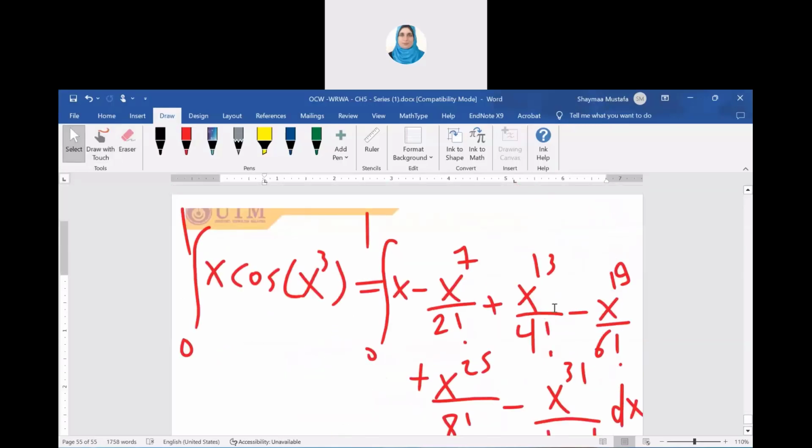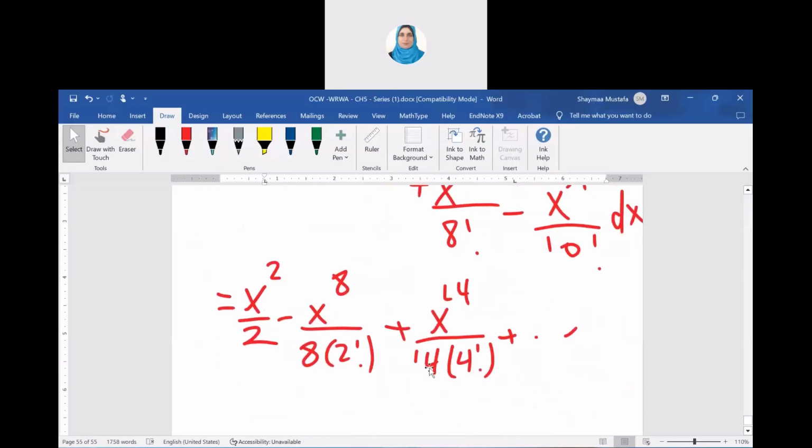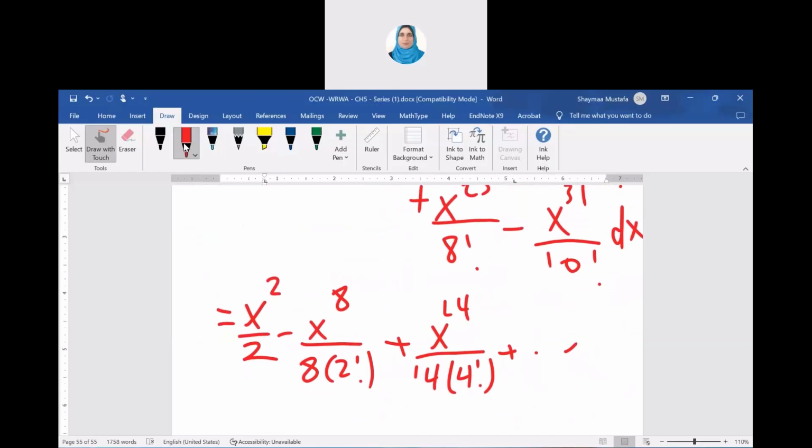You need to evaluate the integration for all terms, and then you need to substitute from 0 to 1.